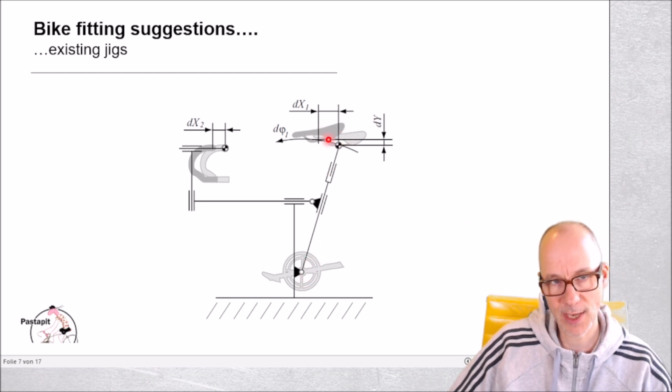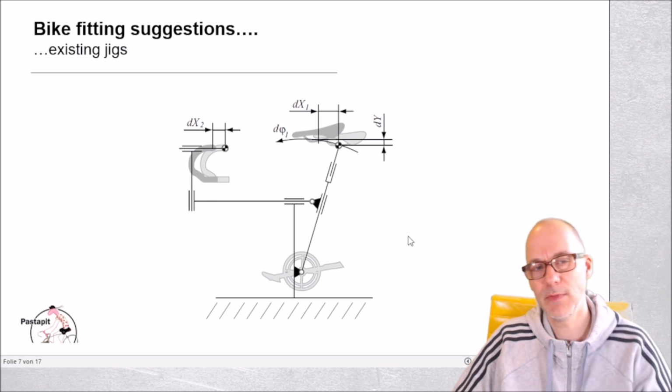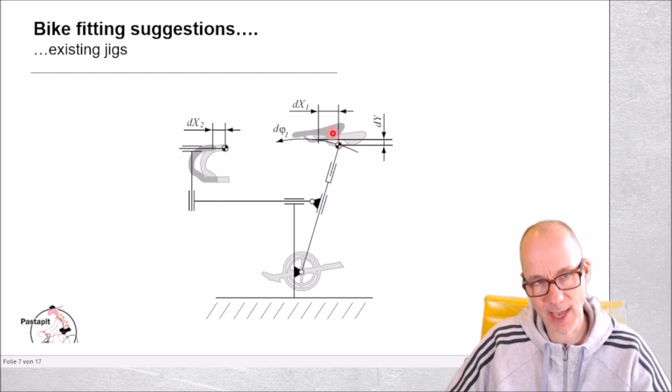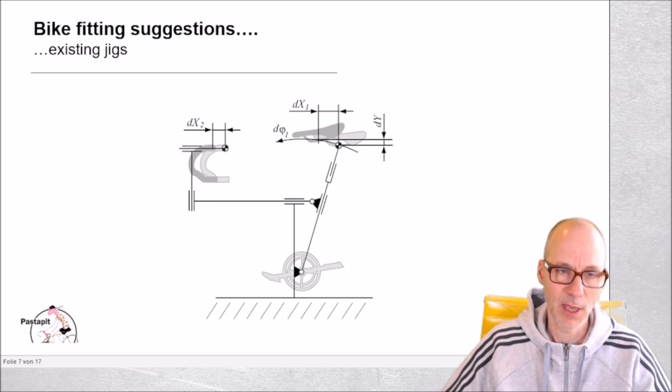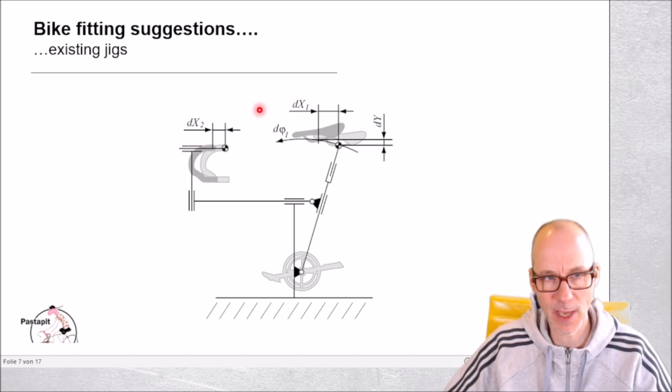If I rotate the saddle, that's not too bad, because then I rotate around this bottom bracket, and I will move the handlebar at the same time. It's close to the idea that if I move the saddle, because I want to work on the position of the legs, I'm not influencing the upper body.